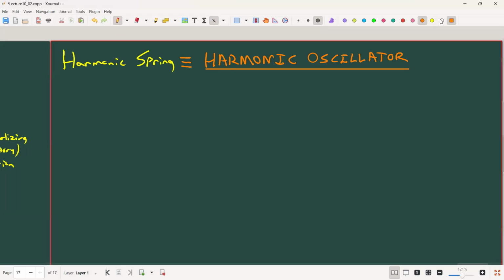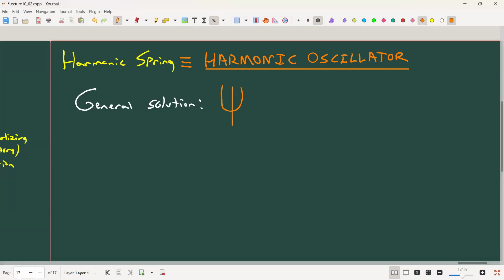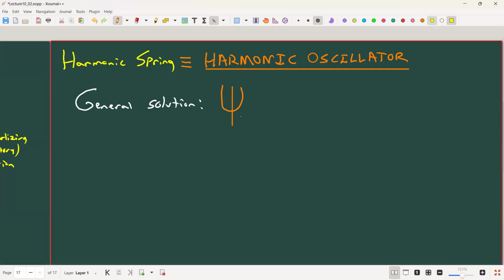And so this has a general wave function solution. We have a wave function psi. And I'm going to introduce a new quantum number. I called it n on the previous slide. I'm going to give it a new name, one that's general, that we use everywhere in science.